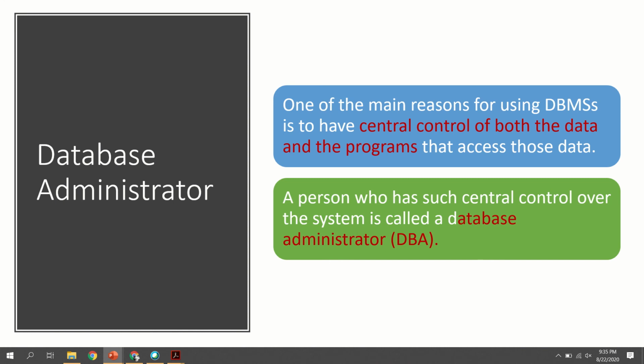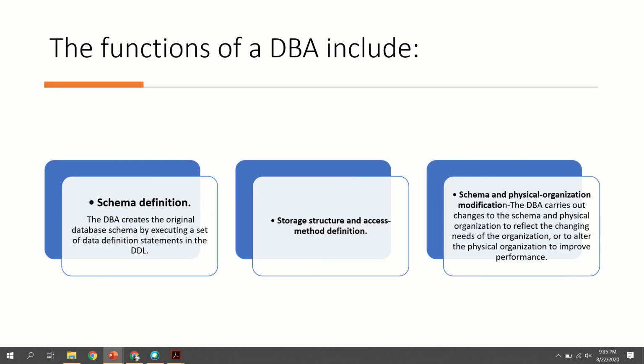So there must be a central control of both the data and the programs used to access the data. The person who has control of the entire database is called the database administrator, in short DBA.